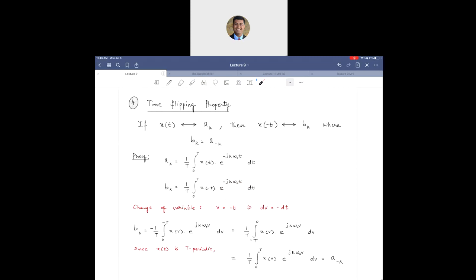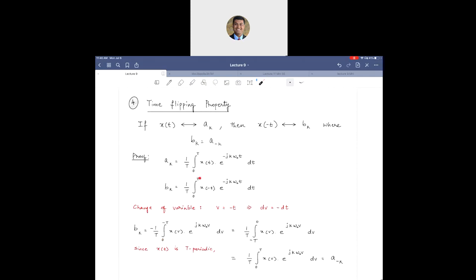Right? Then do a change of variable because I need to get rid of a negative sign here so that I can write it in the usual form. So I'll use v as negative t. So I get dv as negative dt. My lower limit will remain unchanged.